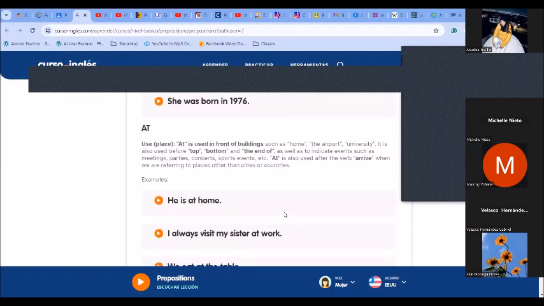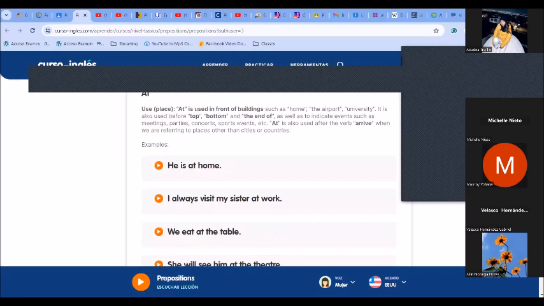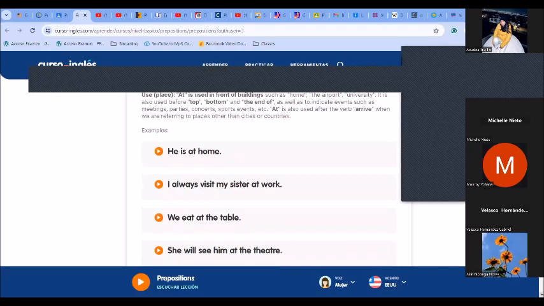Michelle, what about at? At is used in front of buildings such as home, the airport, university. It is also used before top, bottom, and the end of, as well as to indicate events such as meetings, parties, concerts, sports events, etc. At is also used after the verb arrive when we are referring to places other than cities or countries.